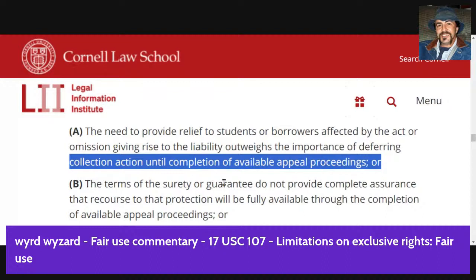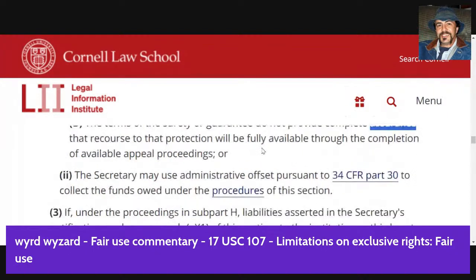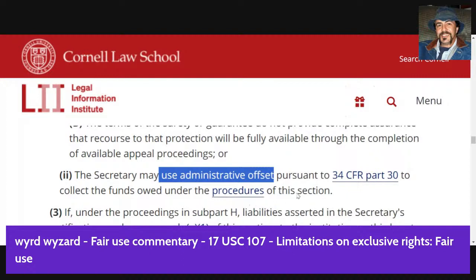The terms of the surety or guarantee do not provide complete assurance that recourse to that protection will be fully available through the completion of available appeal proceedings, or the secretary may use administrative offset. Remember, I spoke about Enron.